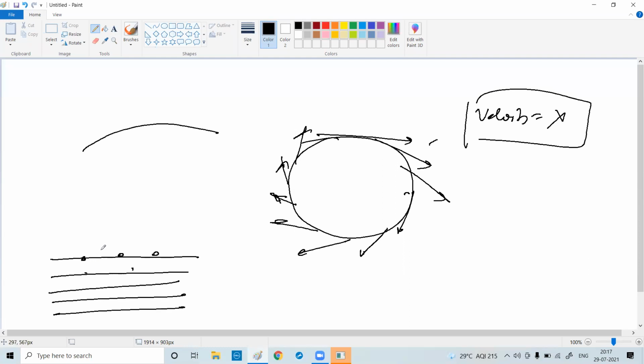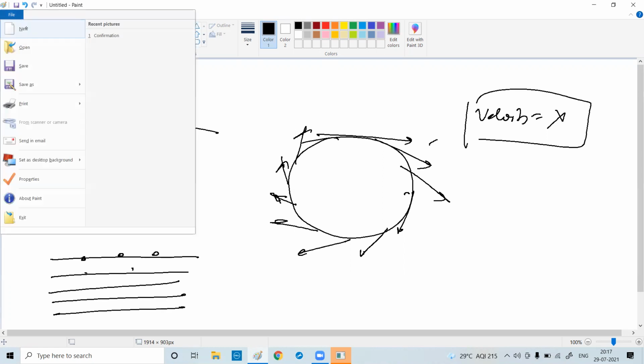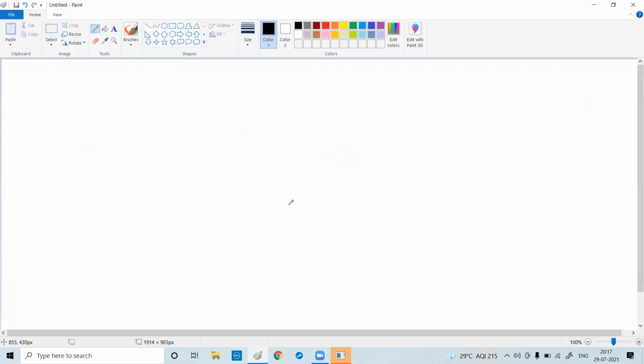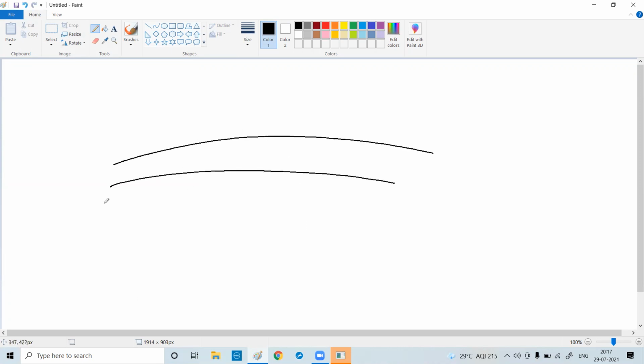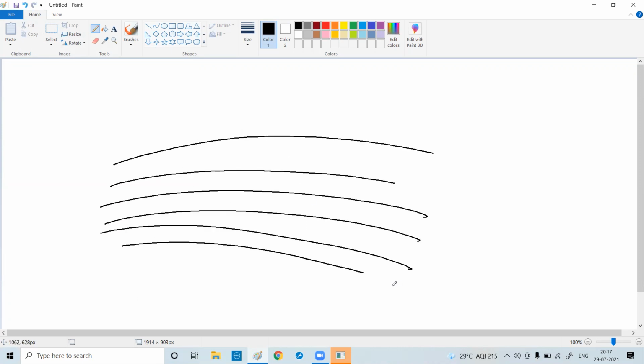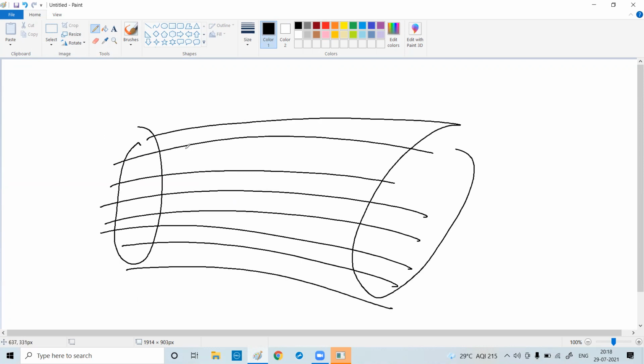Now we will come to flow tube. What is flow tube? Flow tube is nothing but an imaginary bundle of flow. See, let's say I am getting flow lines like this. So this is a bundle, just an imaginary tube.